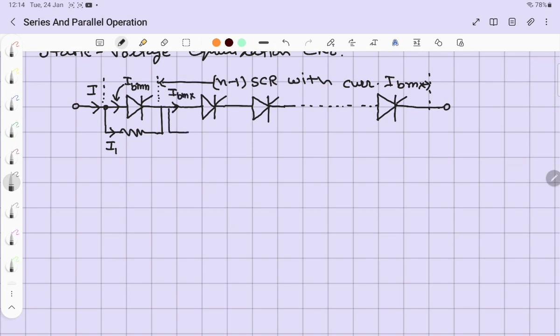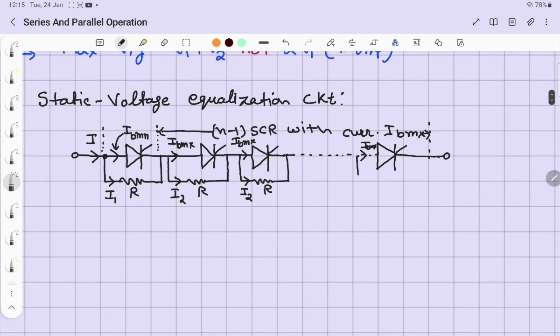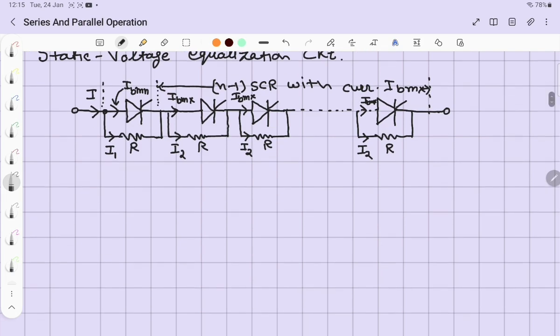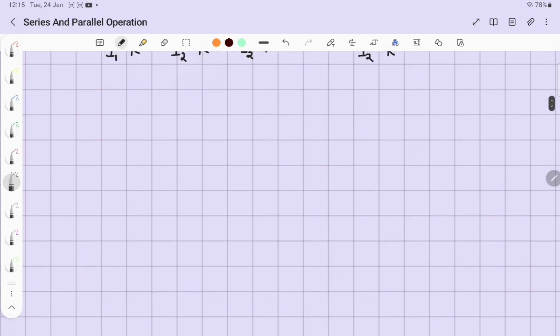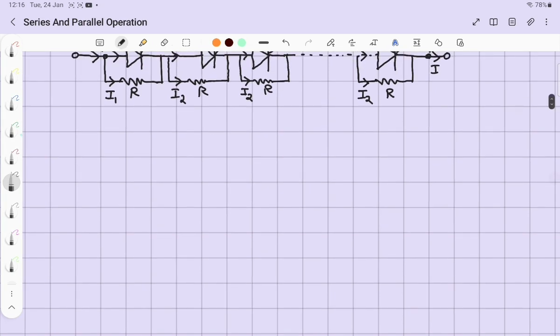device SCR is same. In that case, this static equalization circuit which we have shown, we have considered as resistance R for all, and the SCR are different, right? Then only it is possible, because each SCR is having different characteristic.